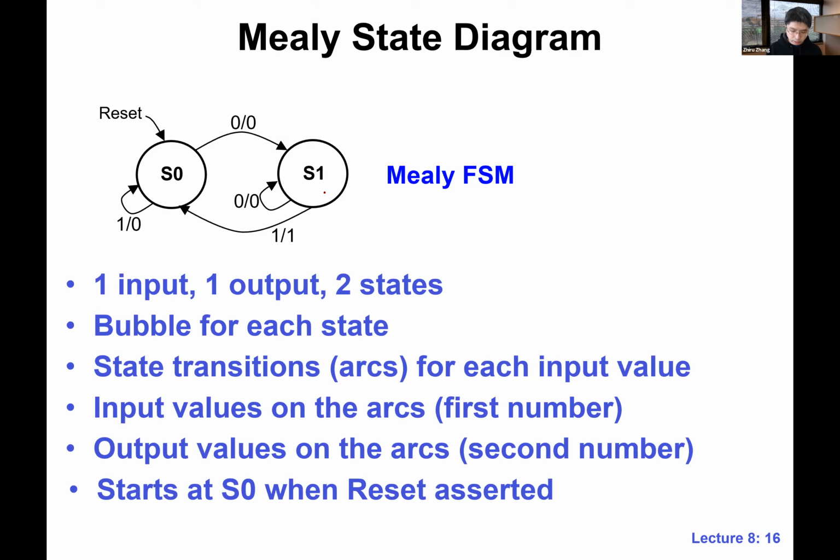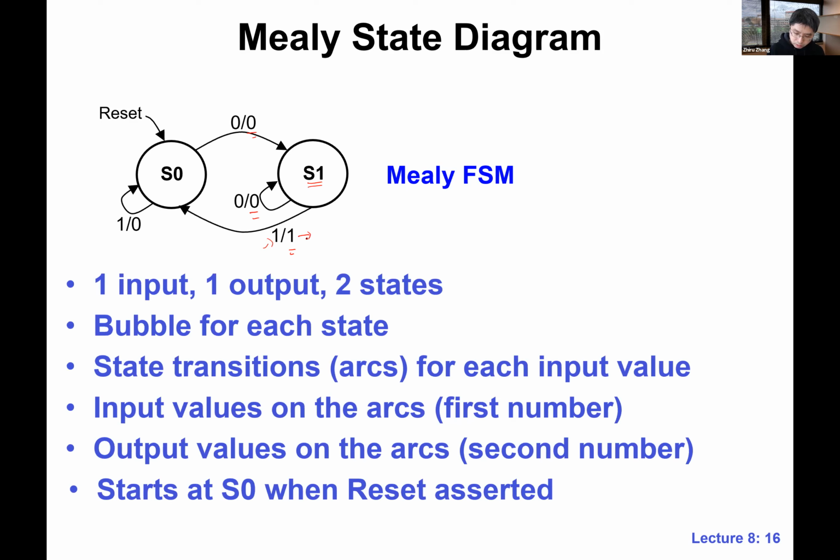There's a bubble for each state, but in Mealy we don't have the output in the bubble. We have the output on the transition. This is saying that when we are at S1 and we see input 1, we will output 1. This is what the notation is saying.